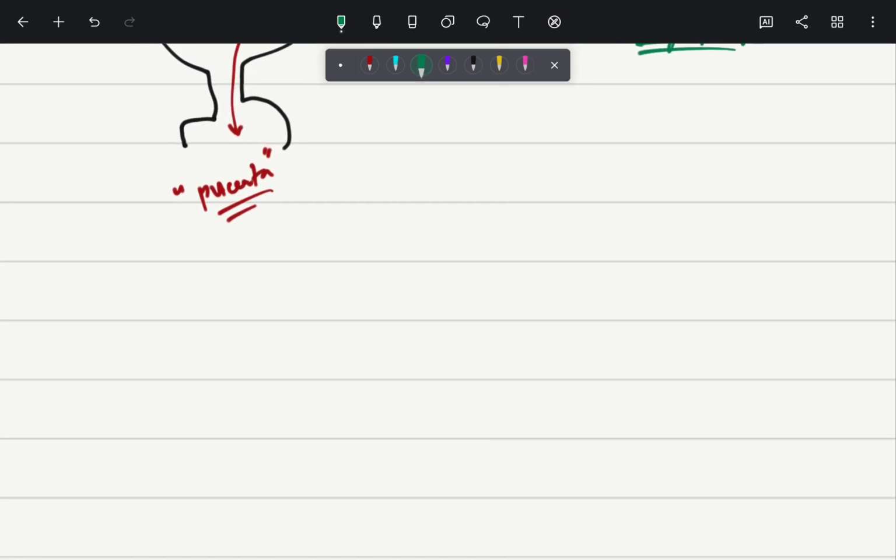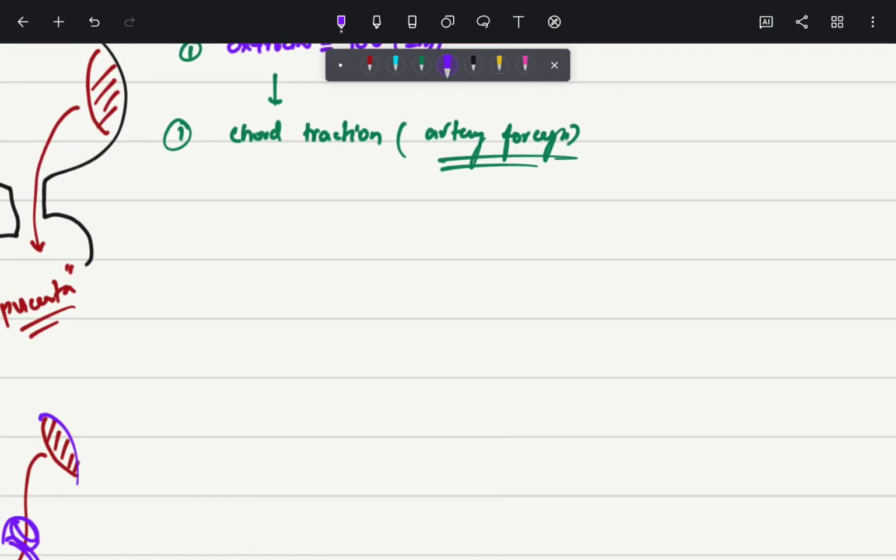So this is the placenta and this is the umbilical cord. So we usually take the artery forceps and we will rotate this. Okay, we will rotate this umbilical cord and the placenta, so it will come out of the uterus. That is called as your cord traction.